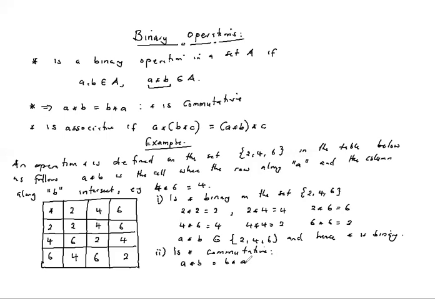What we'll say is it's not commutative. Once one fails, it's not commutative. So let's start with 2 and 4. 2 star 4, we are getting 4. So let's check 4 star 2. What are we getting?